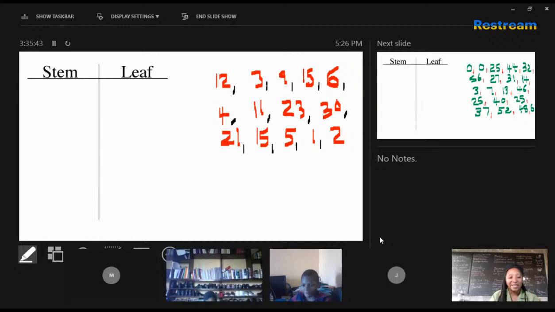All right. So let us put this raw data into the chart, into the plot. Miss, in the stem you have a zero first. So we'd have a zero and we deal with our one digit numbers, right? Yes, miss. One, the two, the three, the four, the nine.